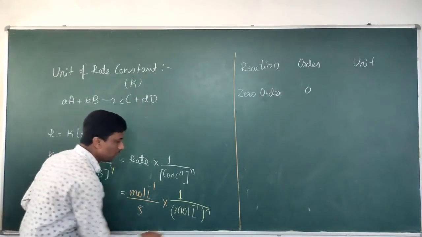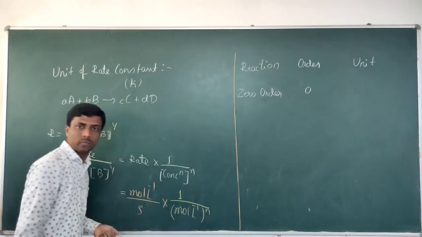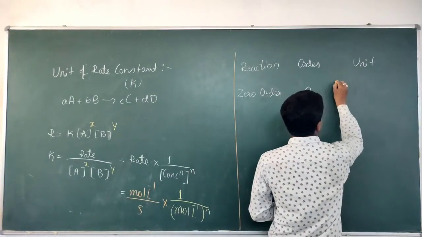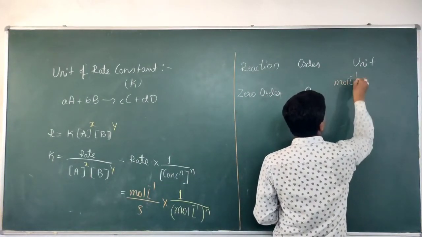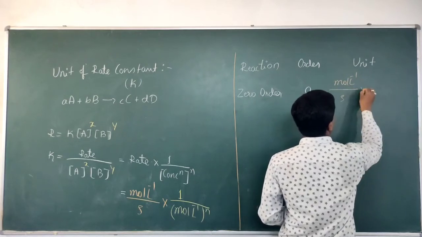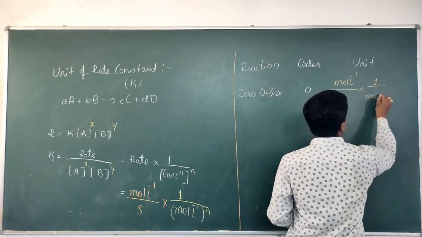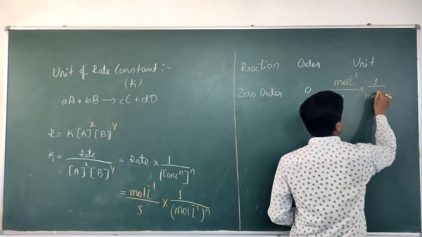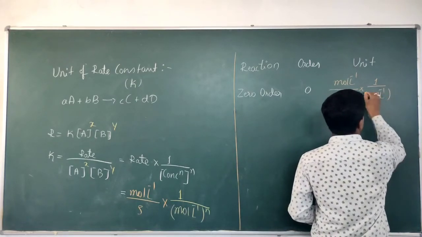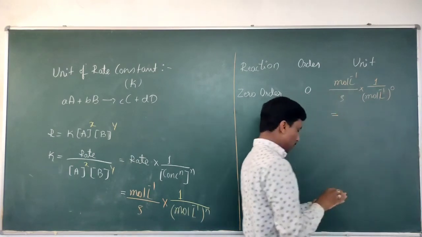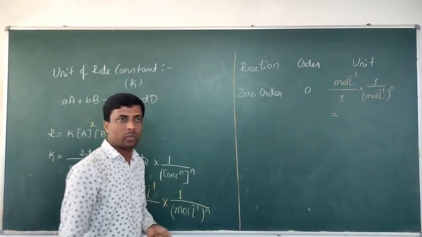Here I must take the 0. And the unit is mole per liter per second into 1 divided by mole per liter raised to power 0.